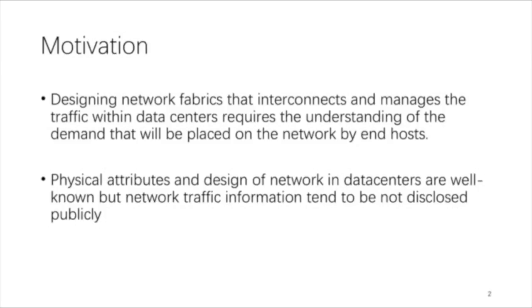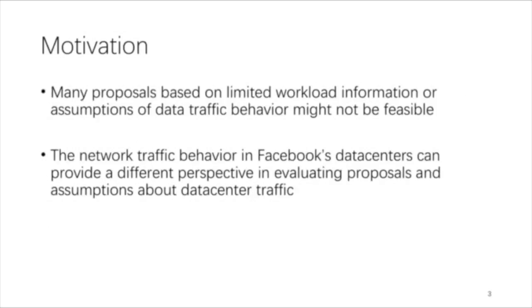So the information out there about network traffic in big data centers is very limited. So next thing is many proposals based on limited workload information or assumptions of data traffic behavior may not be feasible. That's also because of the limited information available. So basically, they can only use limited information or assumptions to do their research.